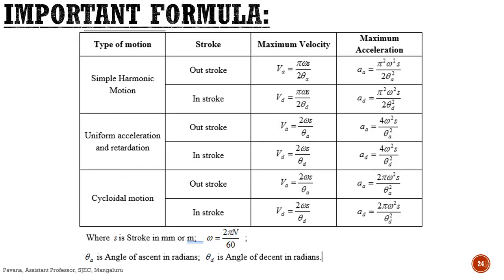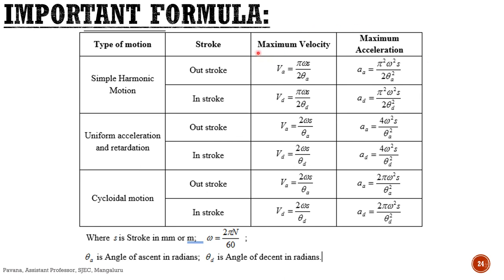After knowing about the different types of motion, these three are the main types of motion: the simple harmonic motion, uniform acceleration retardation, and cycloidal. If you want to calculate the velocity and acceleration for these types of motion, these are the formulas. You need to learn these formulas by heart.